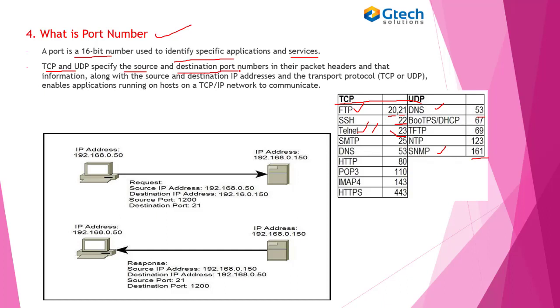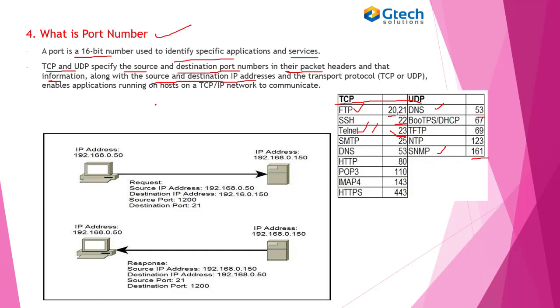When you want to send data or communicate, the TCP and UDP protocols will specify the source port number and the destination port number attached to the data, in their packet headers, along with the source and destination IP addresses. Okay, all right.